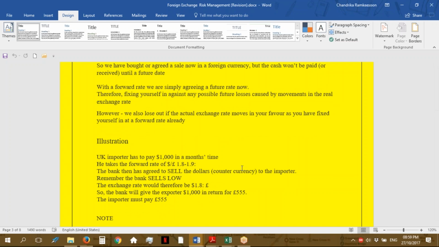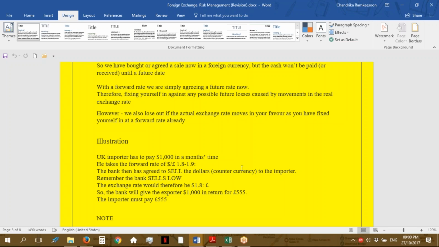I mean, there are other advantages to hedging. When we say removing the uncertainty, let's assume, for example, that this firm, the UK firm, had bought goods, raw material components. So now it has to pay dollars in 3 months' time, and it decides to use a forward rate.